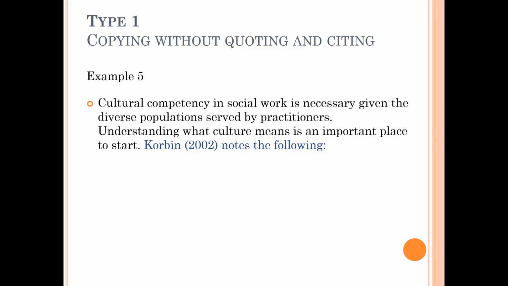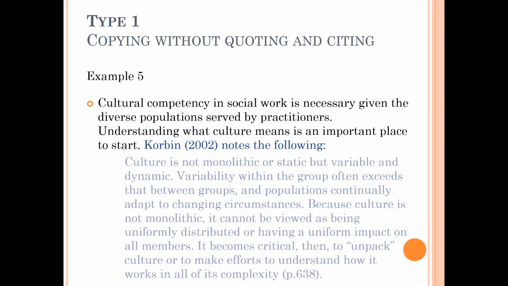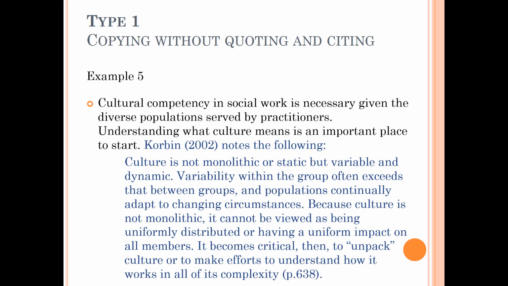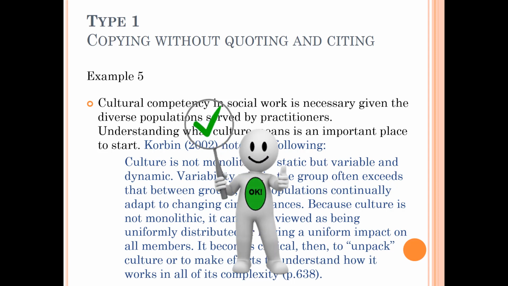It might be the case that I don't want to paraphrase because the way that Corbin sort of summed everything up is just exactly what I need for this part of my paper. So in that case, I would just provide the entire paragraph, and this is okay, the way that I have provided it.